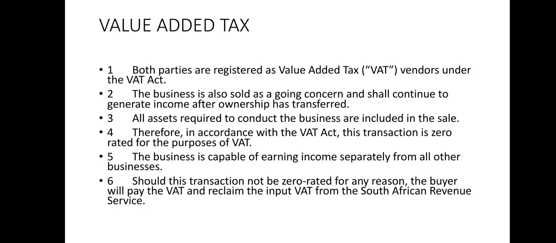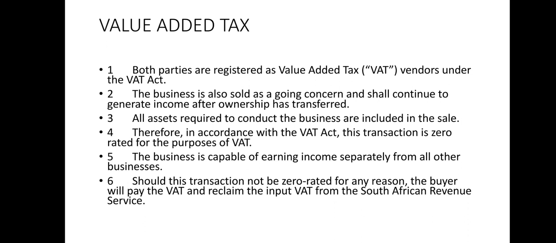The first clause I want to read is the value added tax clause in terms of the sale of business agreement. So this clause reads as: both parties are registered as VAT vendors, value-added tax vendors, under the VAT Act. The business is also sold as a going concern and shall continue to generate income after ownership has transferred. So this business is a productive activity and will continue to be an income producing activity even after the business is transferred.